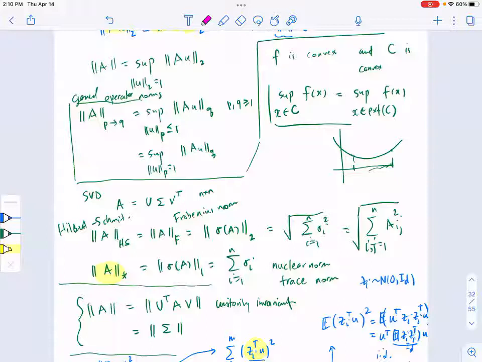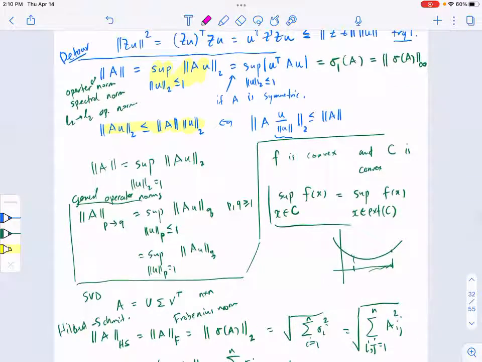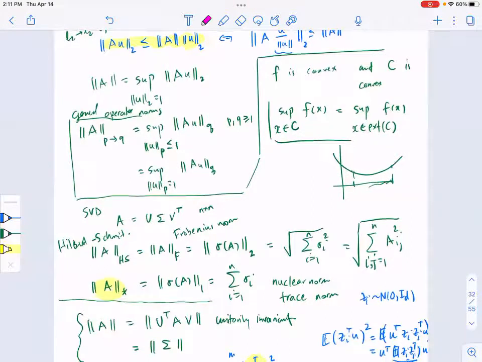So all of these are unitarily invariant, and you can see that, for example, among them the operator norm is the smallest of these Schatten norms, and probably the smallest unitarily invariant norm, or at least within this class. And this is the largest.